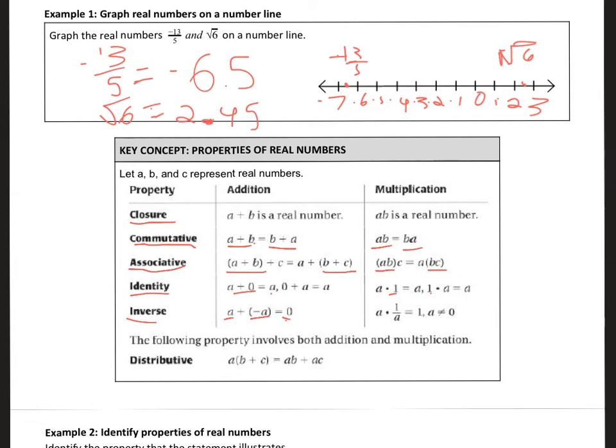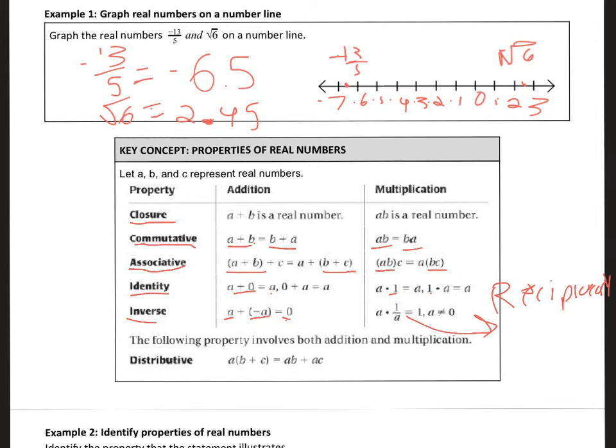I can multiply A by its, and this is a term back from geometry, hopefully you remember it, the, hopefully you can read this. Oh my God. Reciprocal. Sorry about that. The reciprocal, okay? The reciprocal of A gives us 1. If I multiply A by its reciprocal, I get 1, okay?